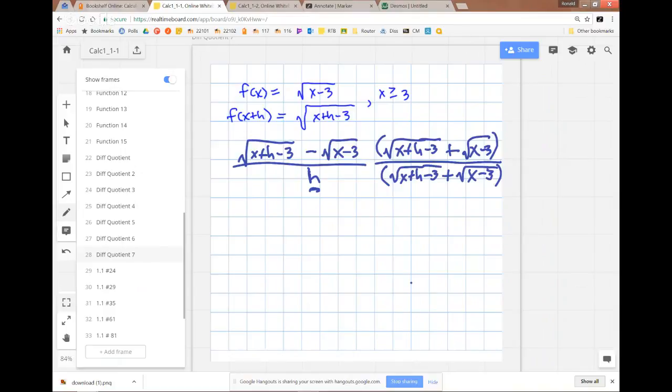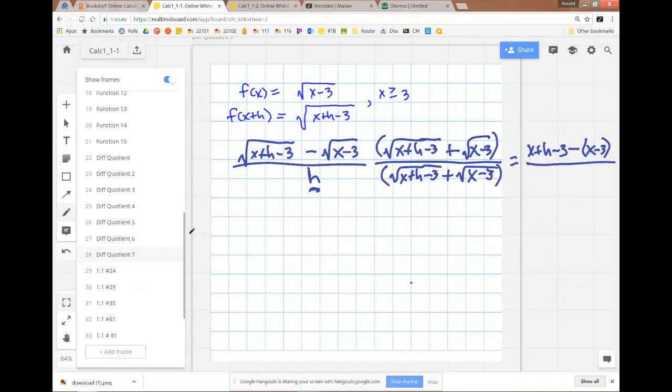Okay, so what's going to happen on the top? What happens when you multiply by conjugates? You get the difference of two squares. You get that first thing squared minus the second thing squared. So that first thing squared is x plus h minus 3, minus the second thing squared, that thing without the root.